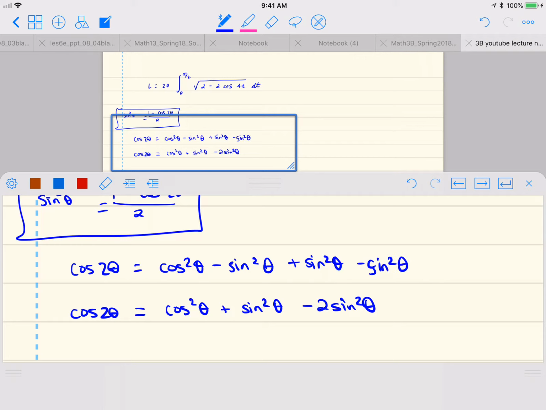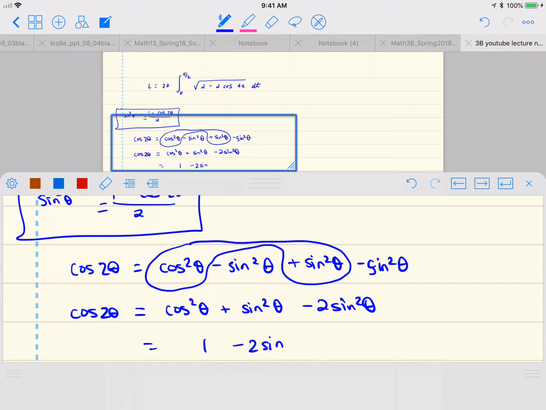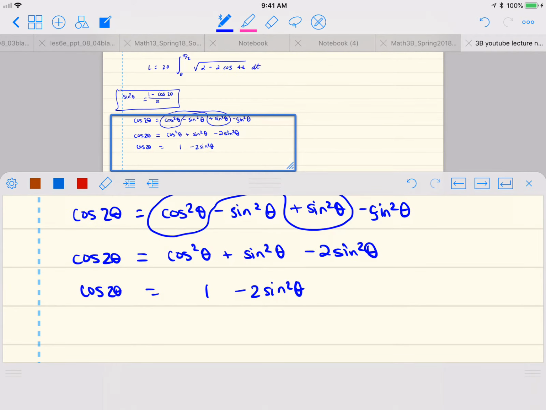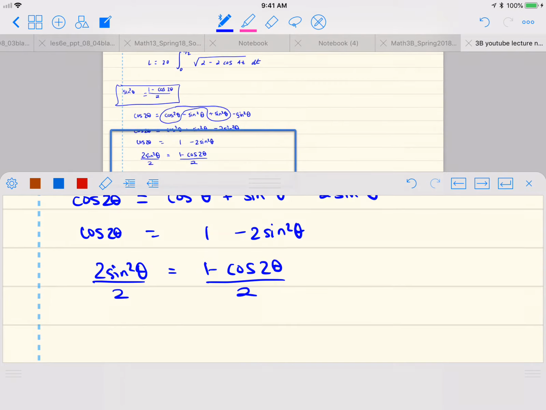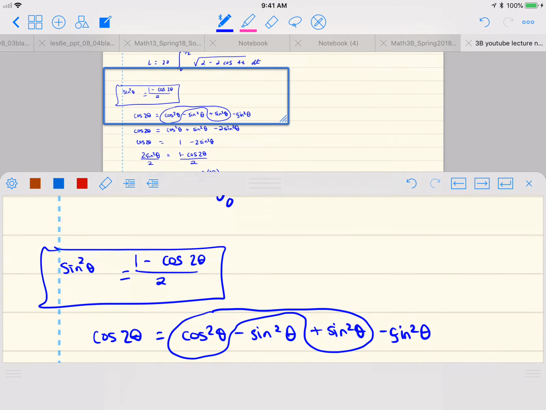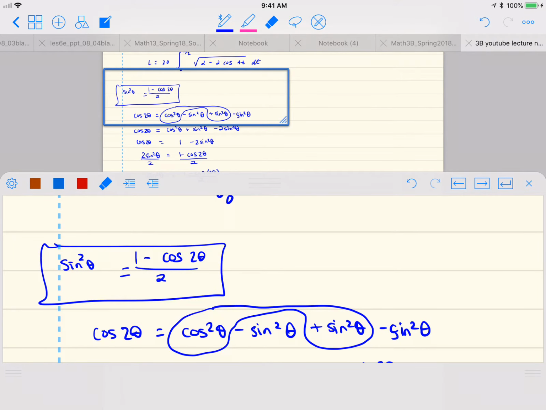Now this I can group together because that's just going to be equal to 1. And now I've got minus 2 sine squared theta is equal to cosine of 2 theta. And so now 2 sine squared theta is 1 minus cosine 2 theta. So divide both sides by 2, and I get sine squared theta is equal to 1 minus cosine 2 theta over 2. Okay, good. We're good.